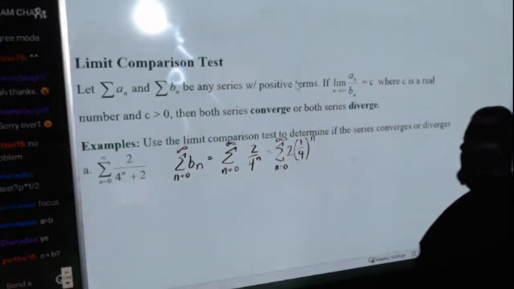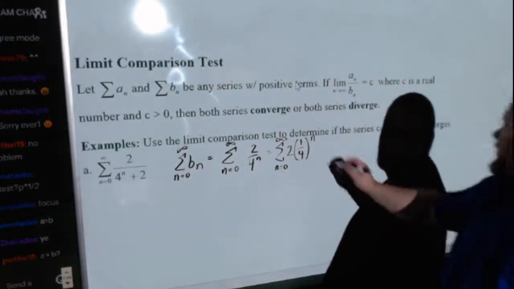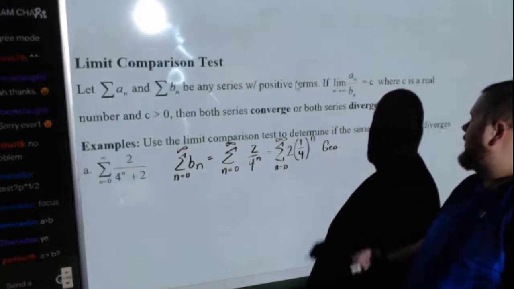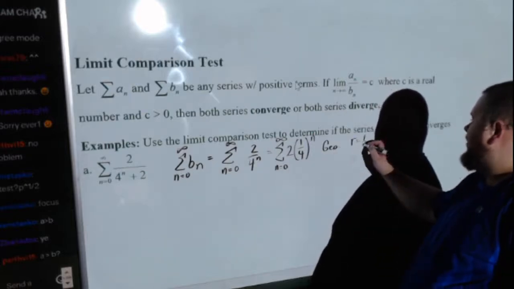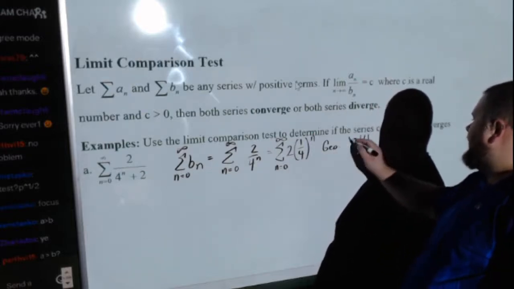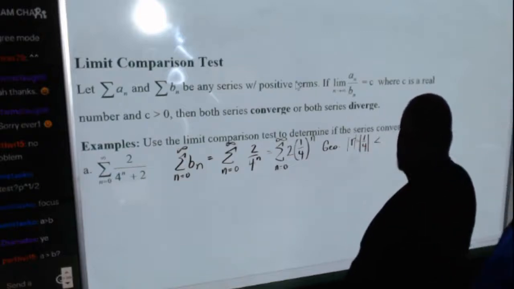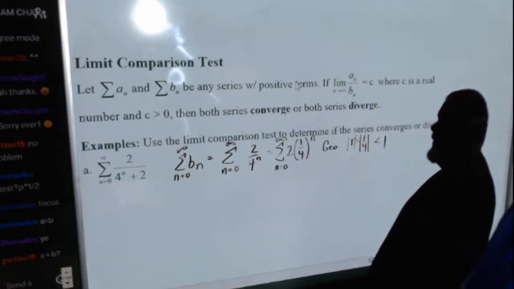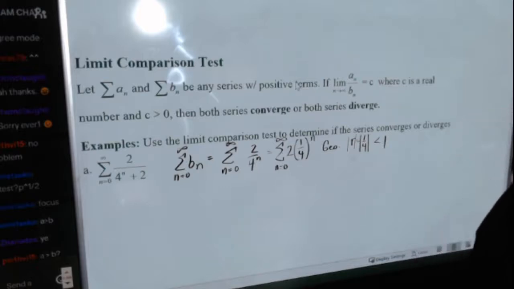We know that to be a geometric series. R is equal to 1/4 and the absolute value is less than 1. Let me ask you, does that mean converge or diverge for B sub n?